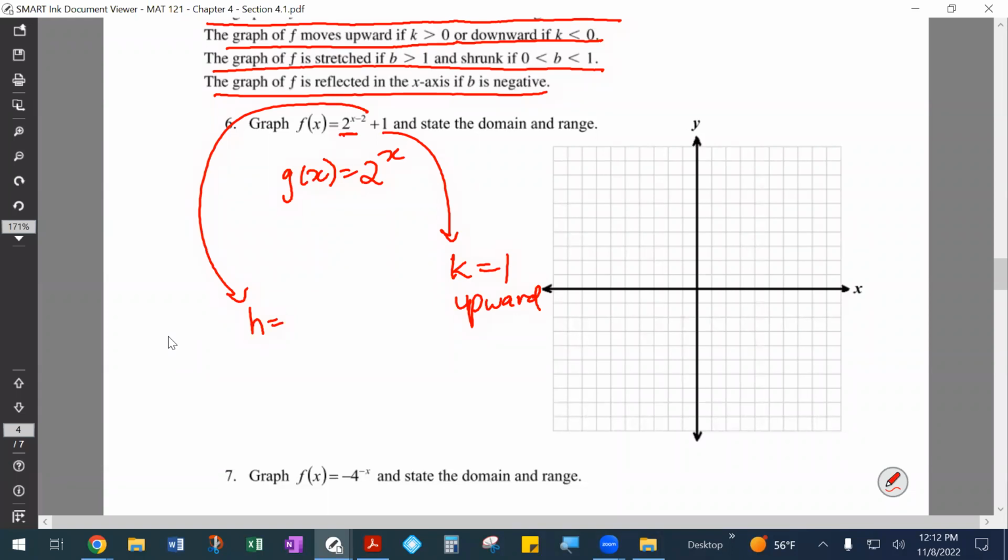Della, so you asked if it was always going to be 0 to infinity for the range. So for the basic graphs that we saw, yes, but now you will see with transformation, once we move our graph up and down, that will actually change the range. So we should see that in this example here. So that x minus 2, that 2 is not the base 2, the x minus 2, is that 2 a positive or a negative number?